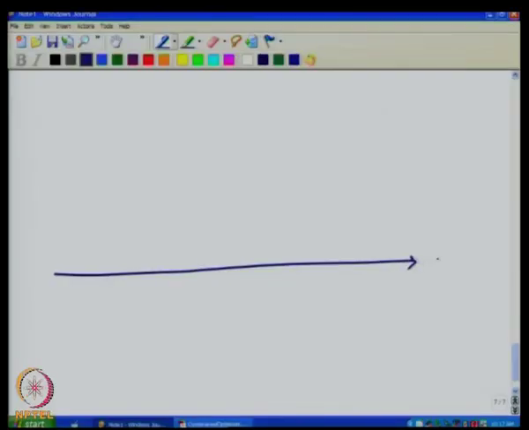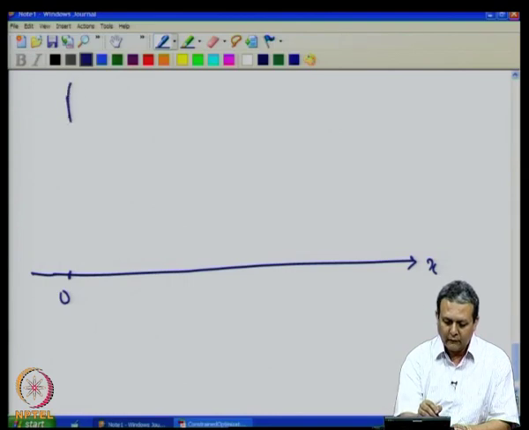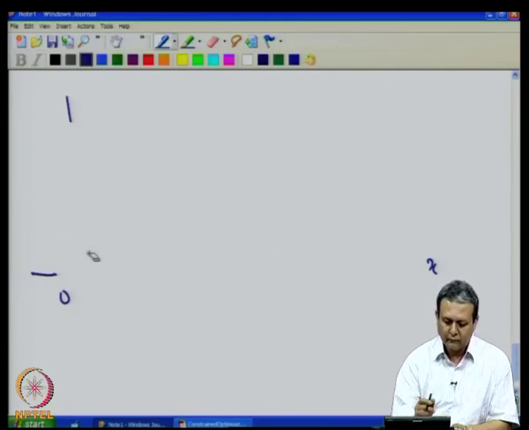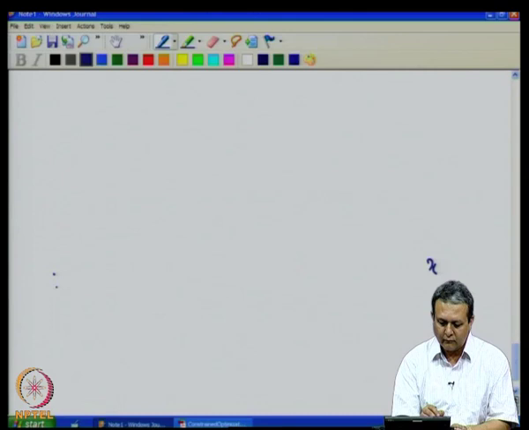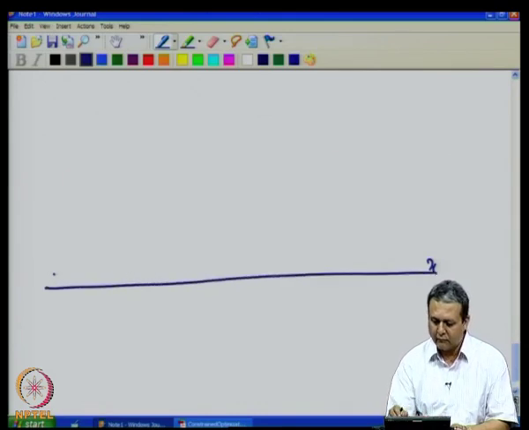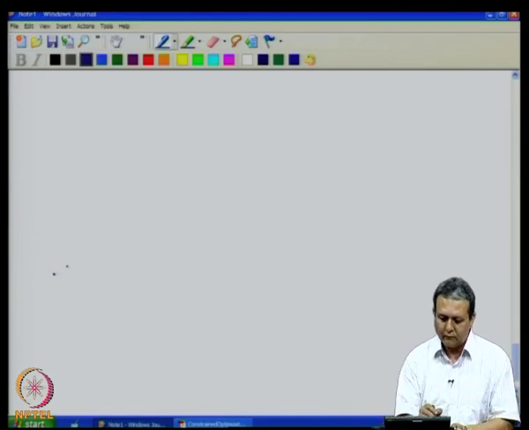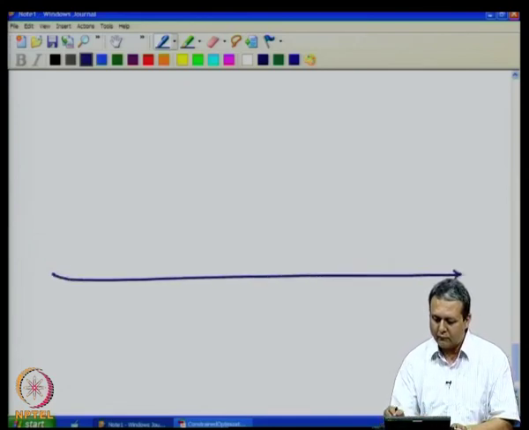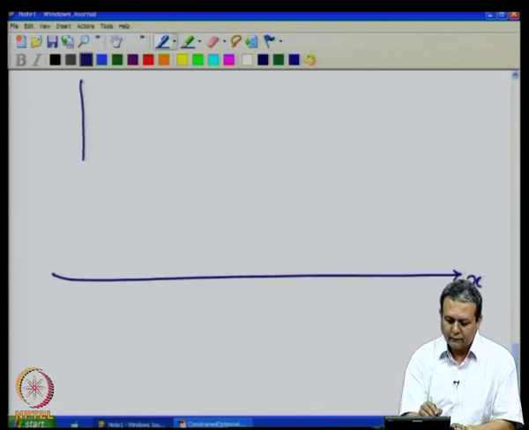Let us consider a problem where this is x, suppose this is the origin, and on the y axis we will plot f of x.